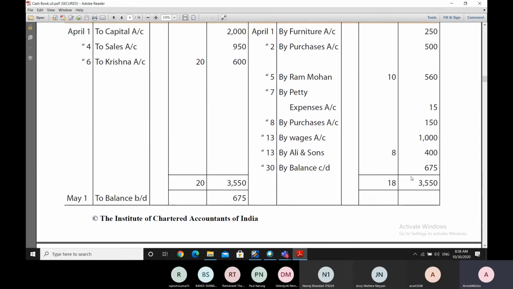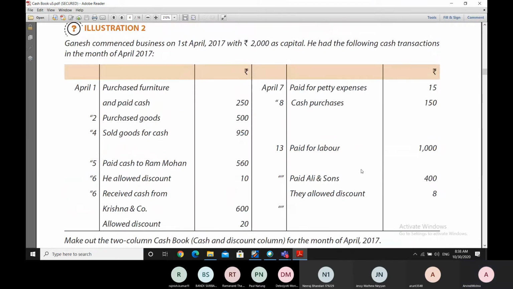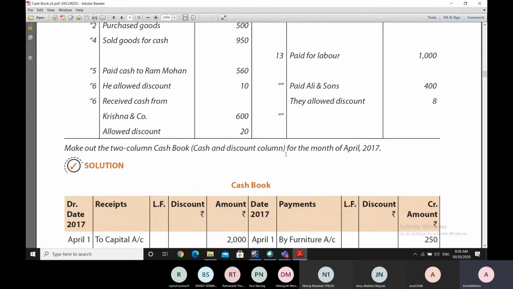I'm sure you are able to understand the other entries, but let us take one more example. We are making a payment for labor. We are getting labor done by somebody, and for that we are making a cash payment of 1000 for labor on April 13.